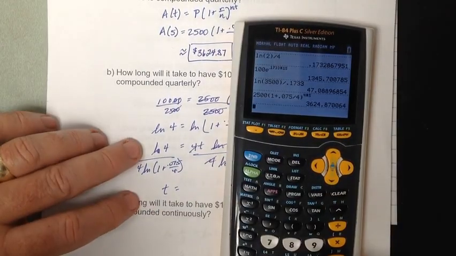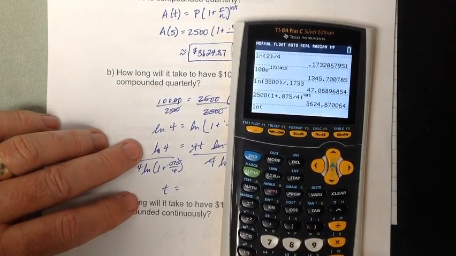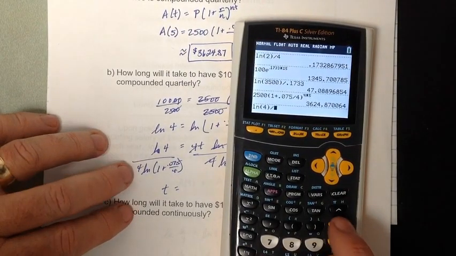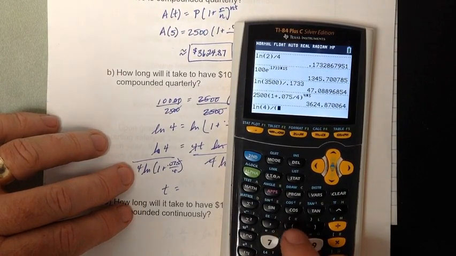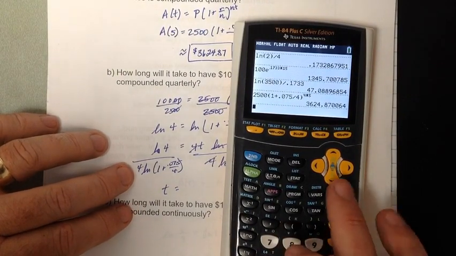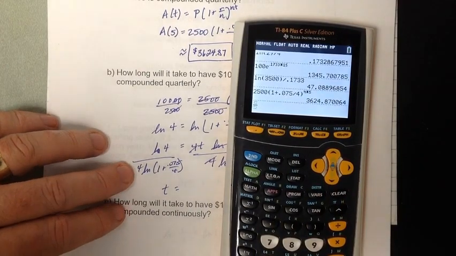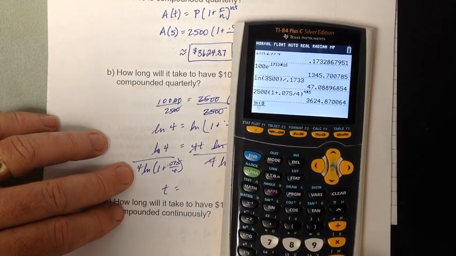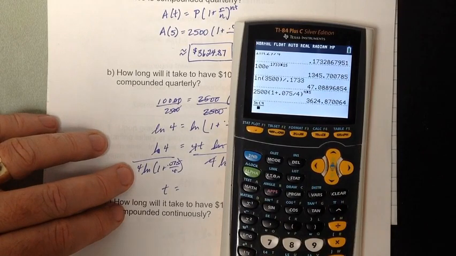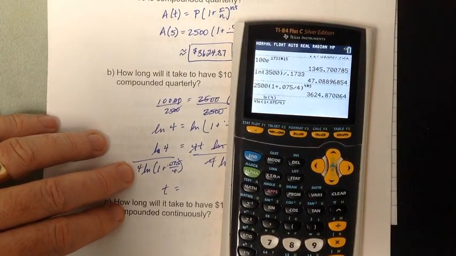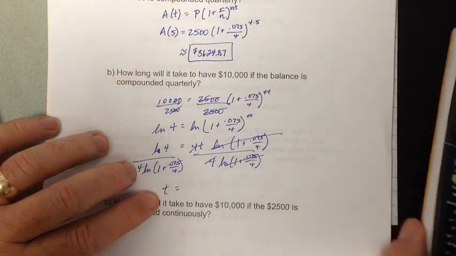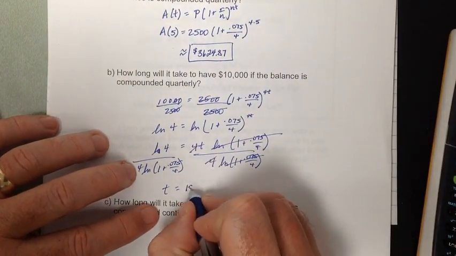T equals ln 4 divided by, I'll tell you what, let's use math and left arrow fraction. All right, ln 4 on top. On the bottom I've got 4 ln 1 plus 0.075 divided by 4. 18.657 years.